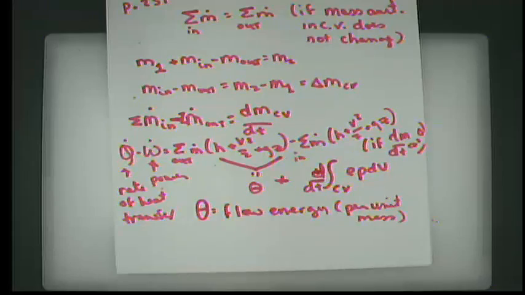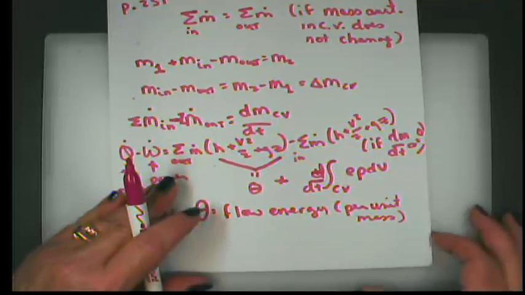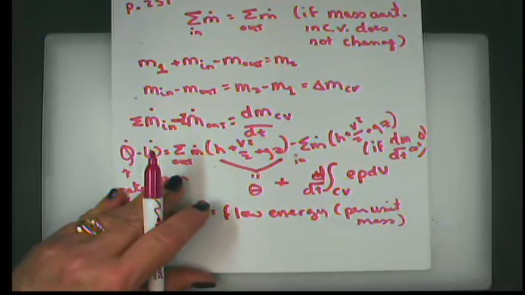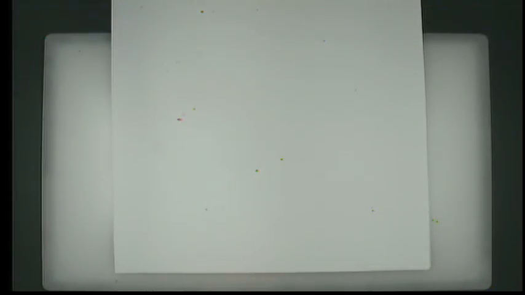All right, so the basic idea for problem solving, as I was saying, was to use the first law of thermo and the conservation of mass and eliminate terms as appropriate. So let's take a look at a couple of problems. Let's look at something that we can analyze as a steady flow problem and something that we can analyze as a uniform flow problem.